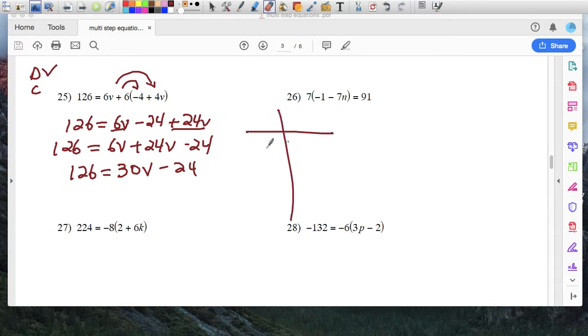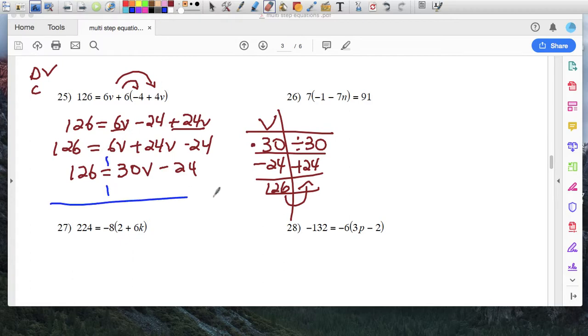It is a two-step equation now. I can make my story. I have v, which is being multiplied by 30, minus 24 equals 126. Going backwards, I will do plus 24 on both sides and then divide by 30 on both sides. So it's going to be plus 24, plus 24.